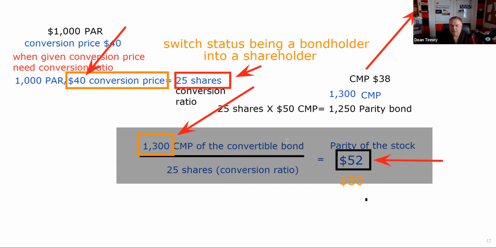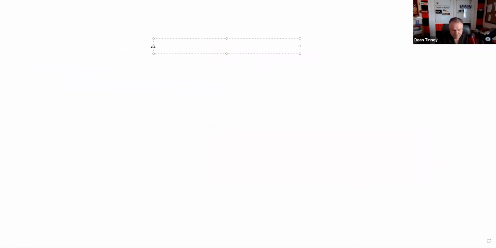All right. Any other questions on this one? You want to try another one? Yeah. Okay. So let's try another one. A convertible bond is trading at 110.